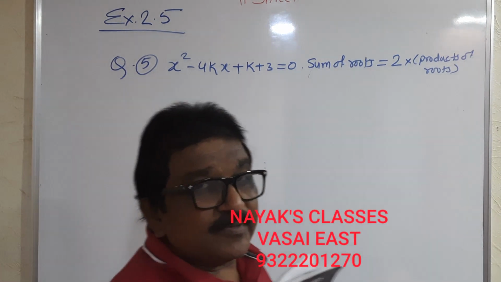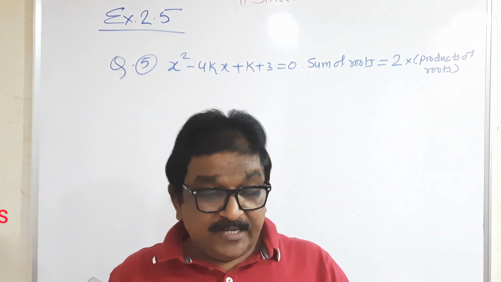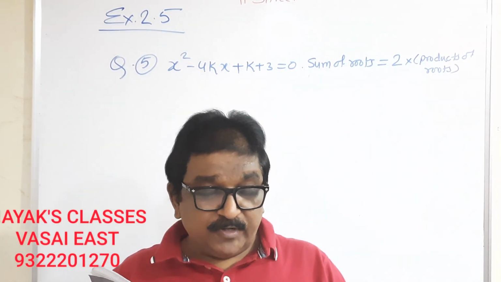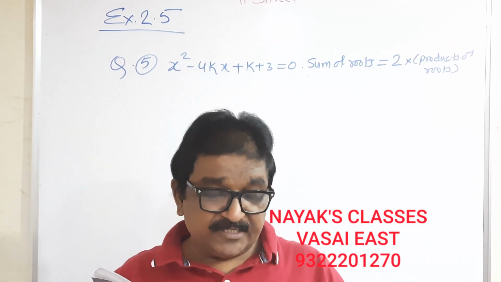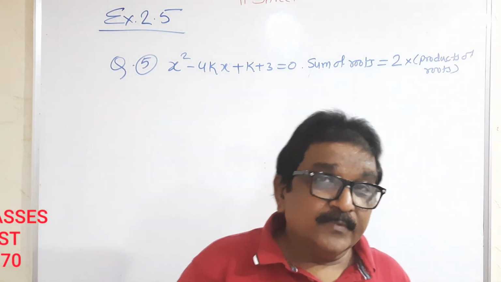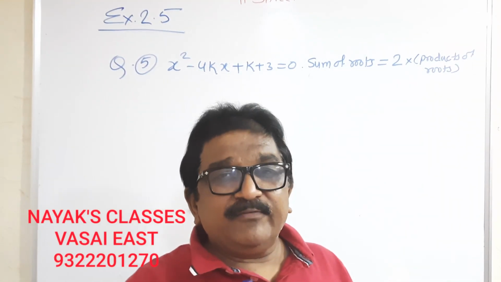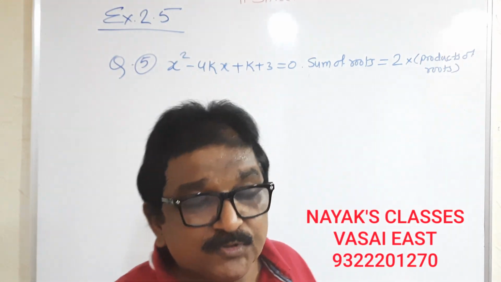If you read the example, it's like a puzzle. Find k if the sum of roots of the quadratic equation x square minus 4kx plus k plus 3 is equal to 0 is double their product. By playing with words, they have confused you. Don't get confused.